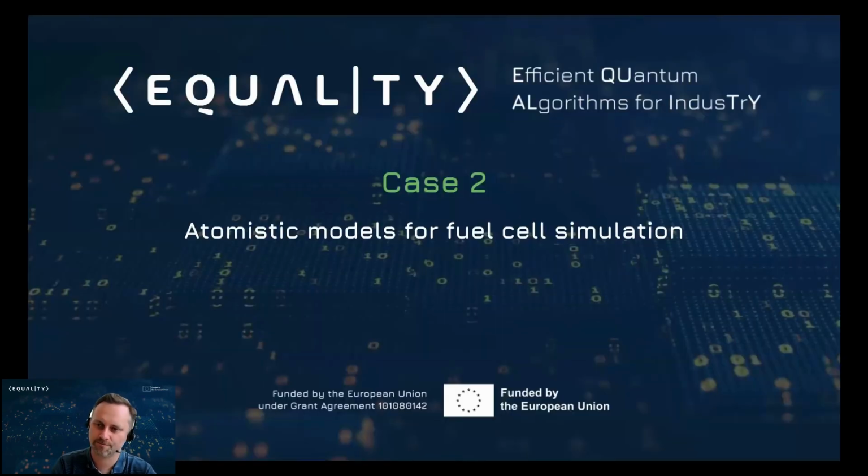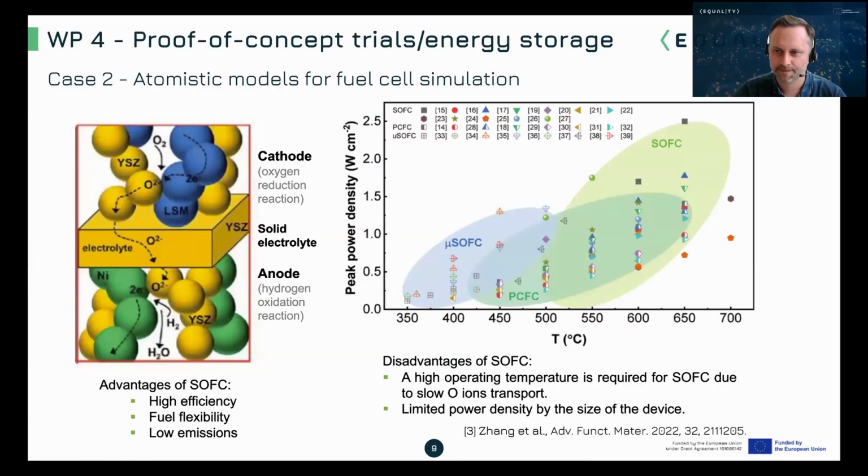Now to the more extensive case 2, our work on atomistic models for fuel cell simulations. Again, as a short introduction, the system that we are looking at, a solid oxide fuel cell, is composed of a cathode, where an oxygen reduction reaction occurs. In between is a solid electrolyte, and down there on the other side is an anode, where a hydrogen oxidation reaction occurs.